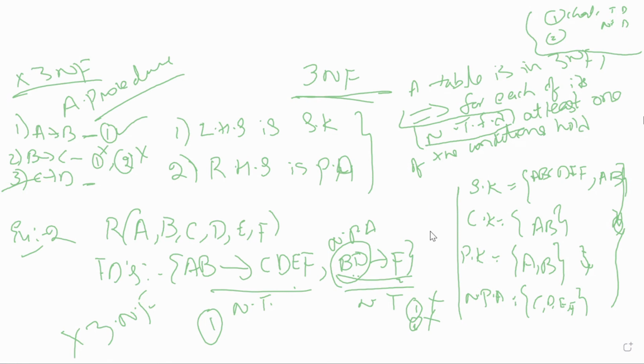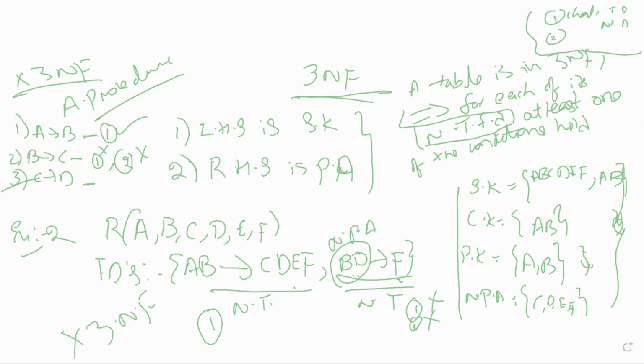Ma'am, if it is non-trivial, then it will not satisfy 3NF. If it is only trivial, then only it will satisfy 3NF. We are going to check these conditions for the non-trivial ones.